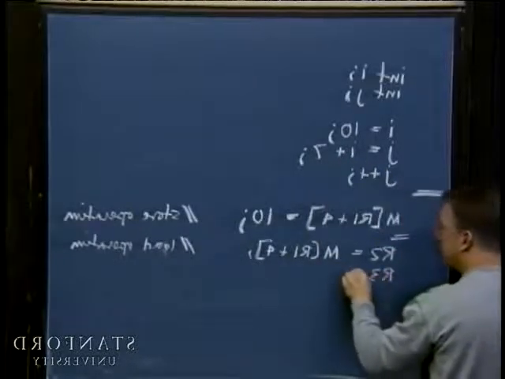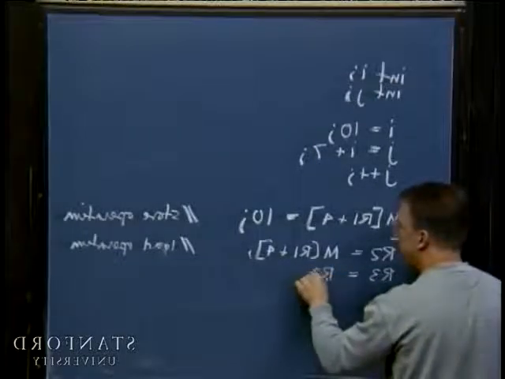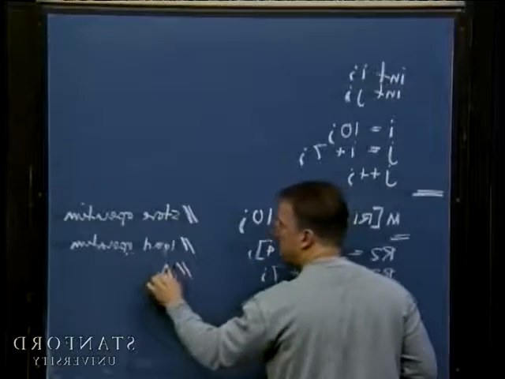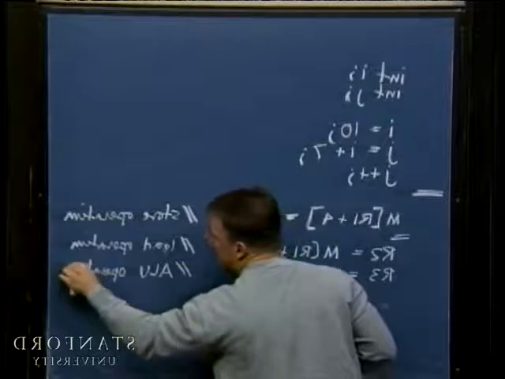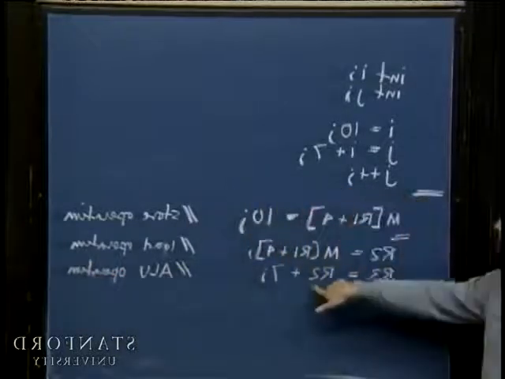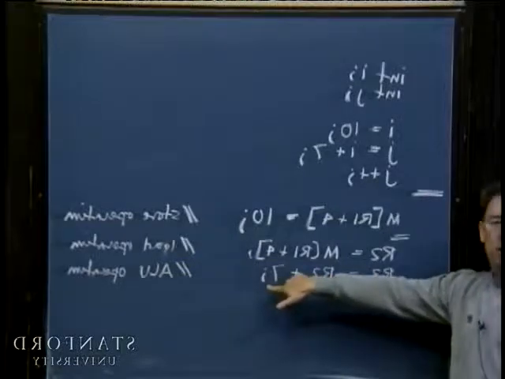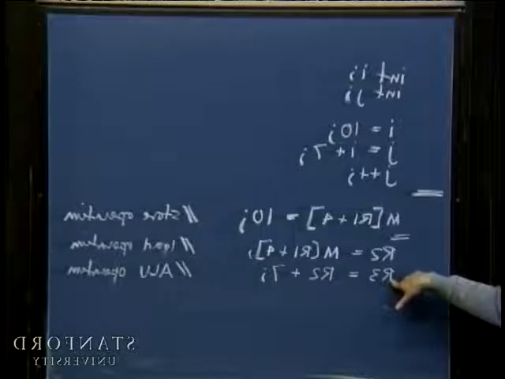Into R3, another general purpose register, I'm going to take whatever R2 has as a bit pattern and add the immediate constant 7 to it. This is an ALU operation. It is actually very often the case that on the right-hand side of some ALU operation, there are either two registers or there's a single register and a constant, and that wherever the result is to be stored is identified on the left-hand side.